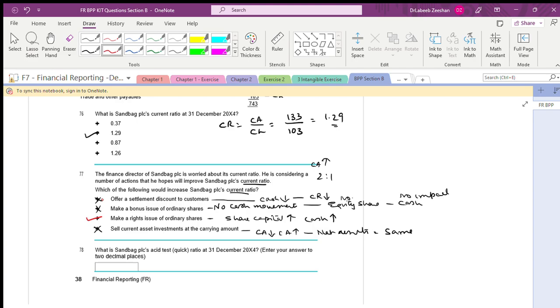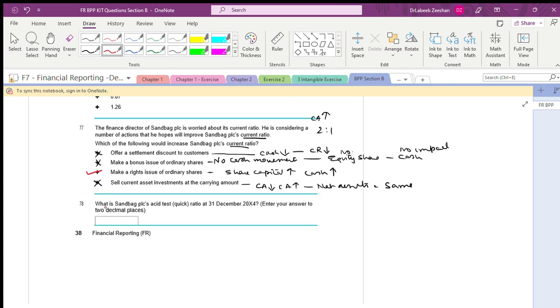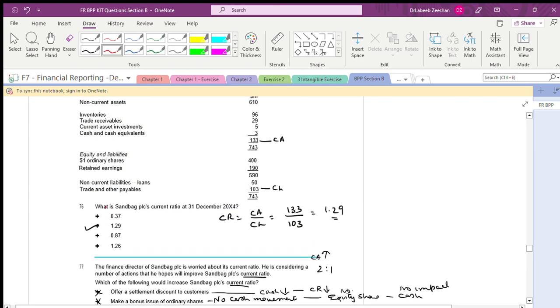What is Sandbag's quick ratio at 2004? The quick ratio is nothing but current assets minus inventory divided by current liabilities. Current assets are 133.